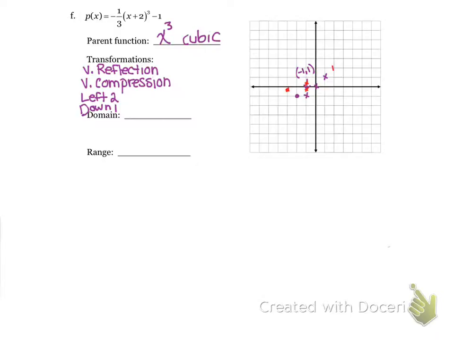And then over here we have 1, 1, but now it's going to become 1 comma 1/3, which is right here. Then you're going to vertically reflect it, and you're going to go left 2, and then down 1. So you're about right here.